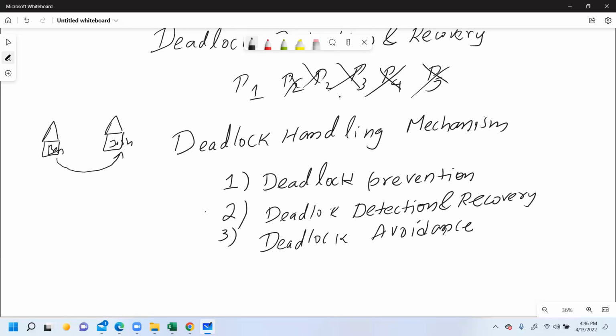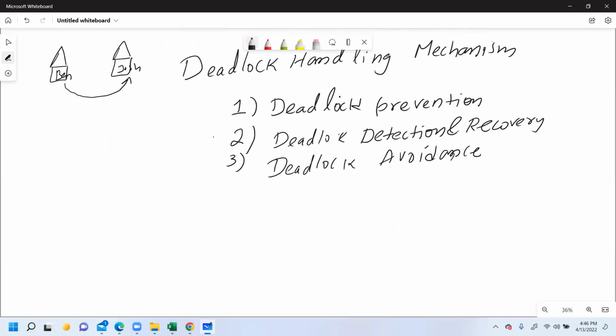But for a system like this, we have several processes running on the computer, and this is called an interactive system. It is not a real-time system. It is interactive, right? Real-time systems are a different topic by themselves. Anyway, among these three techniques, which technique is used by the general purpose operating system?